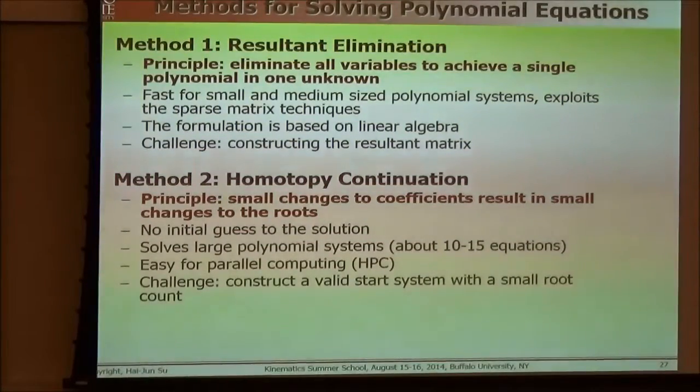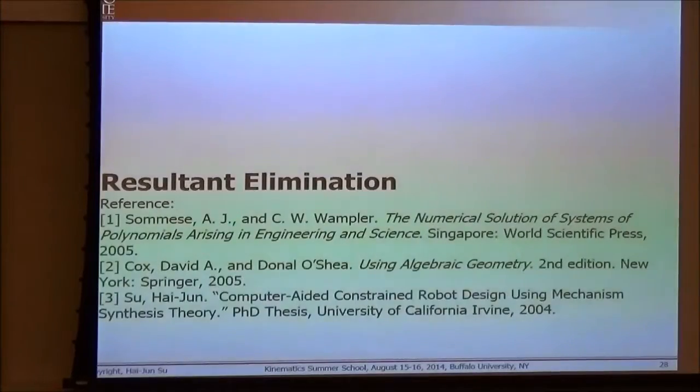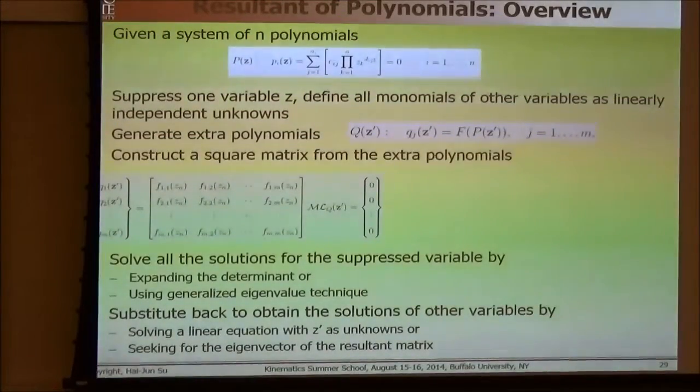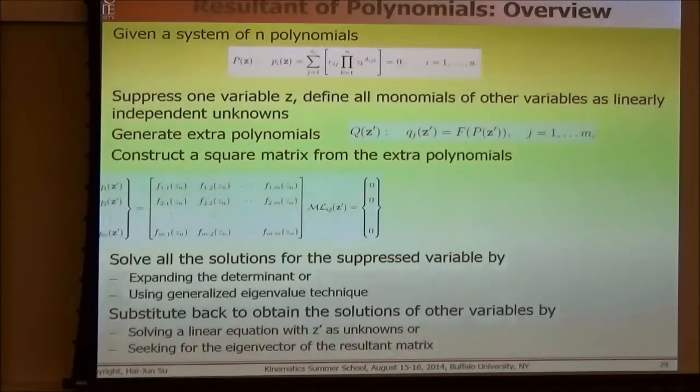So that's just what I said. Let's focus on the first one. The overview of the resultant elimination method is in this slide. This is the basics. Sorry that it's cut. So you have a system of n polynomials, and you can suppress one of the variables.